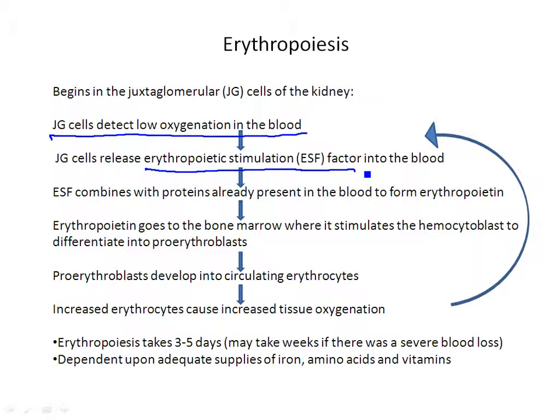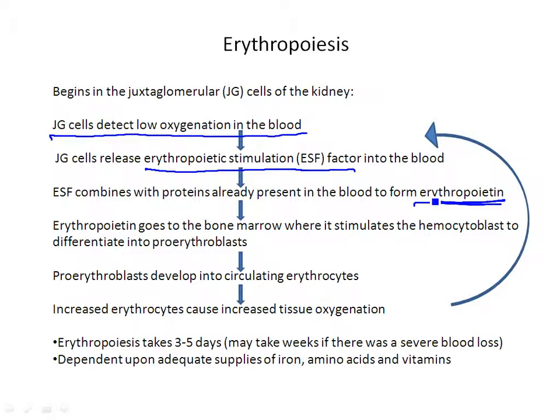Well, you've already got another protein present in your blood, and those two are going to combine and form what's known as erythropoietin. So the kidneys have stimulated this erythropoietic stimulating factor to be released, that joins with another protein in the blood, and now you make erythropoietin. This erythropoietin is then going to be taken through the bloodstream to the bone marrow, where you have the erythropoiesis occurring, or this blood cell production occurring.